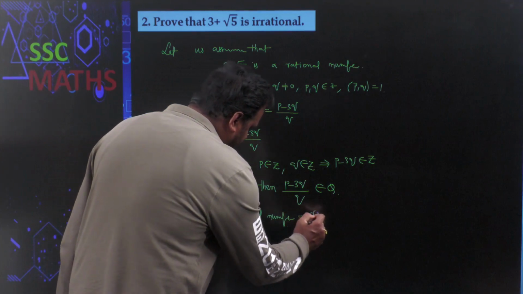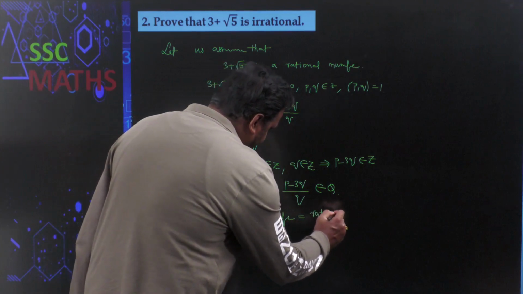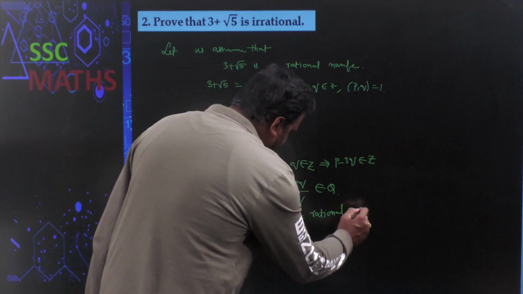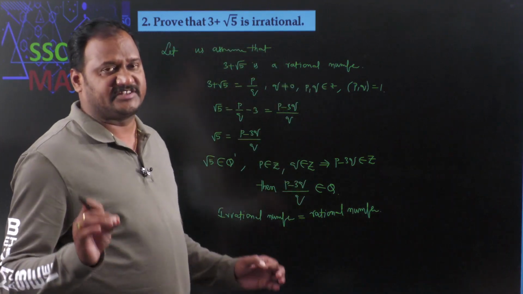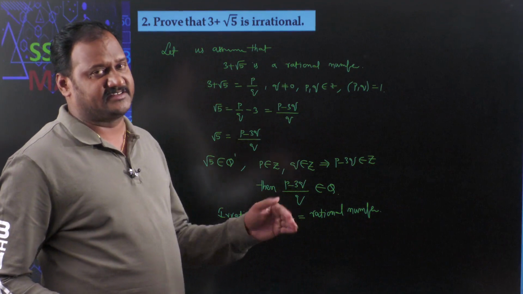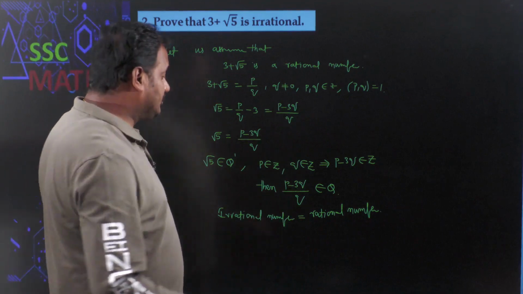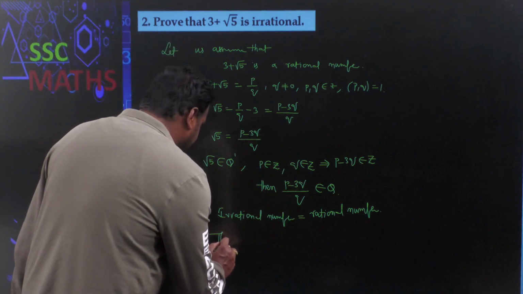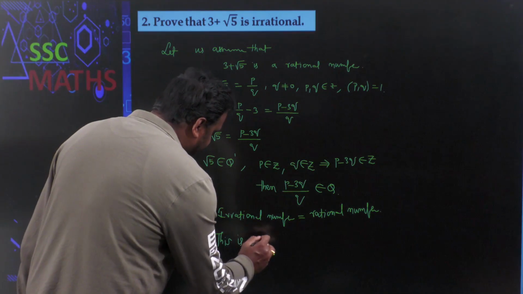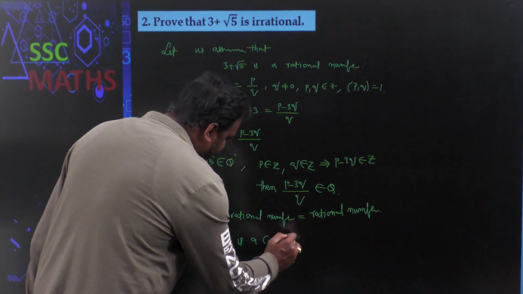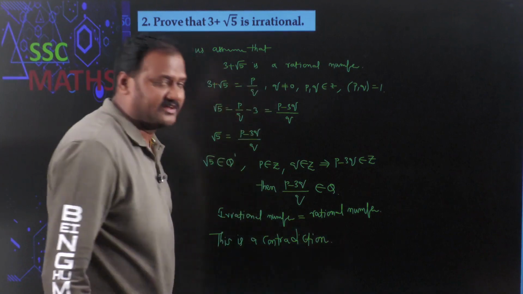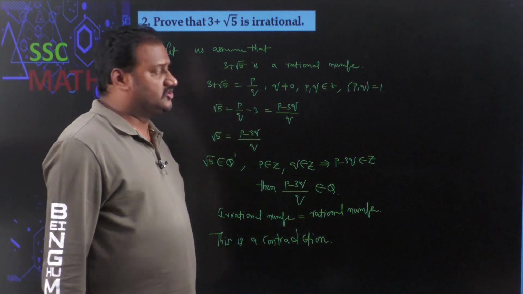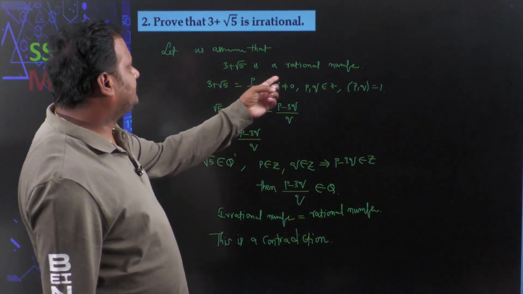Irrational number is equal to rational number. So is this correct? There is no such number which is both irrational as well as rational. So this is a contradiction. Why did we get this contradiction? This contradiction is only due to our assumption. So what was our assumption? 3 plus root 5 is a rational number.